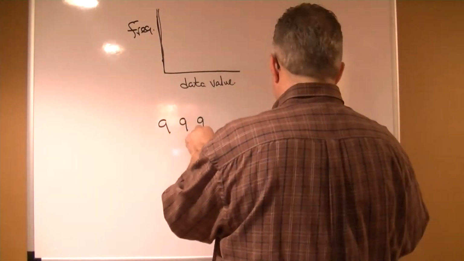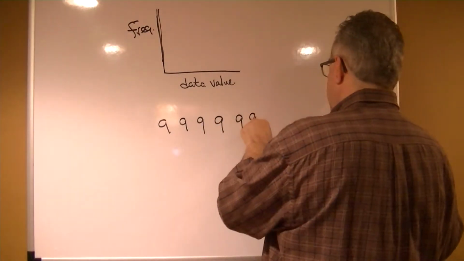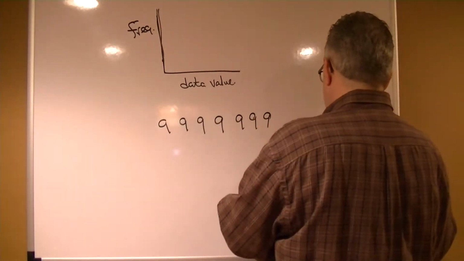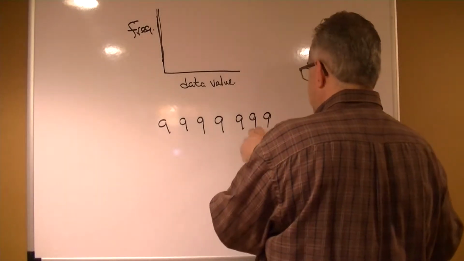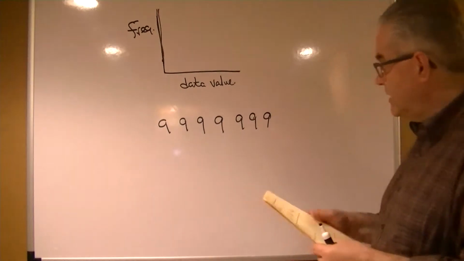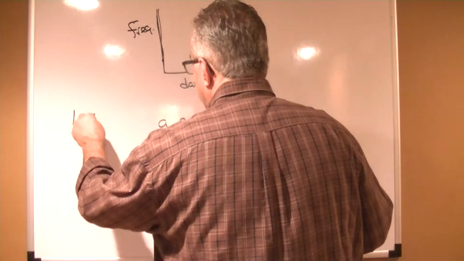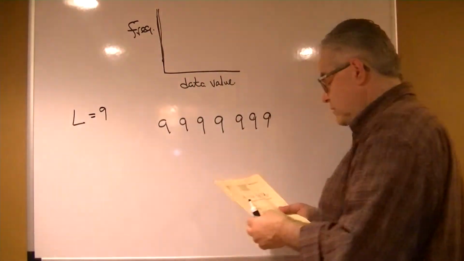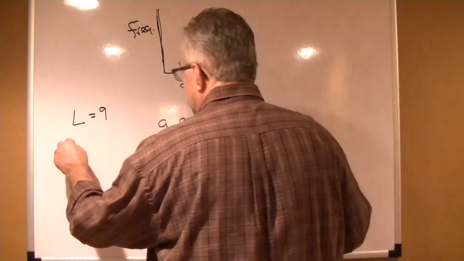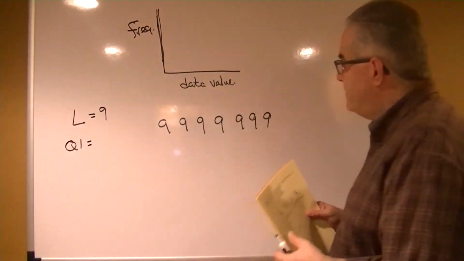How many are there? 1, 2, 3, 4, 5, 6, 7. Here are our numbers lined up. The low is 9. The lower quartile, that would be Q1, is going to be what?